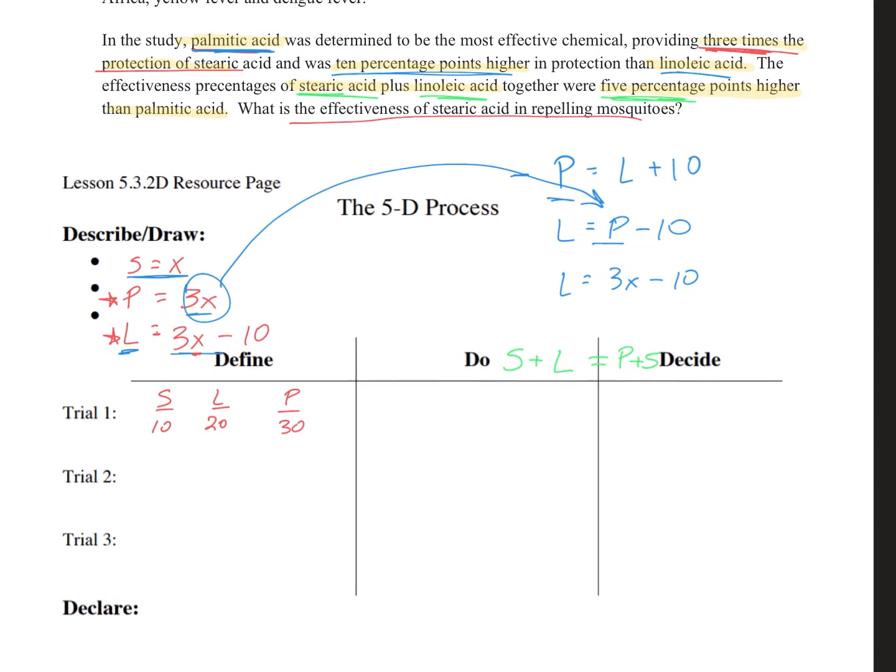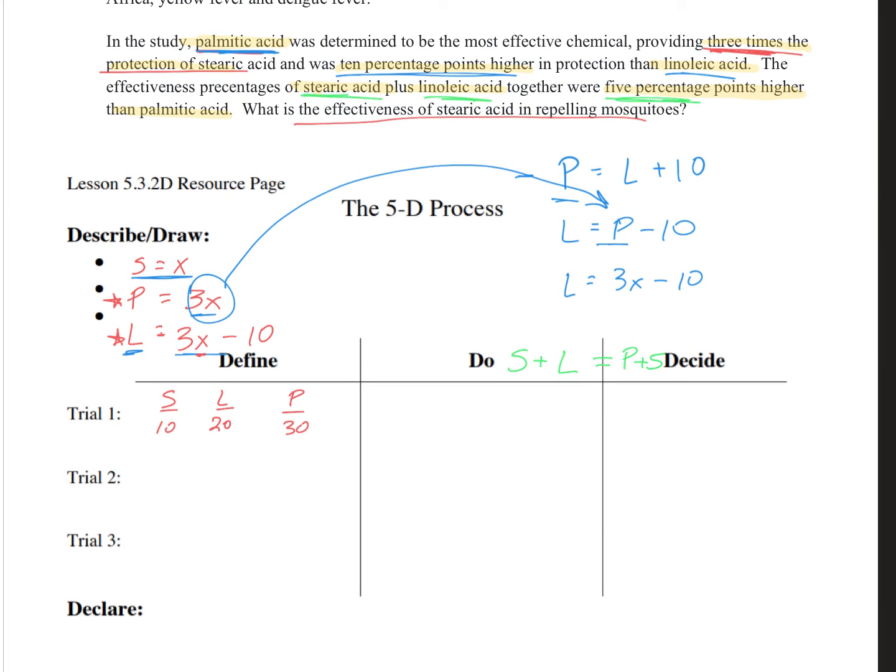So now I move on to the do column. In the do column, we are adding stearic and linoleic acid together. In this trial, it's 10 plus 20, and we want to determine, is that equal to palmitic acid, which in this trial is 30 plus 5? 10 plus 20 is 30, and 30 plus 5 is 35.